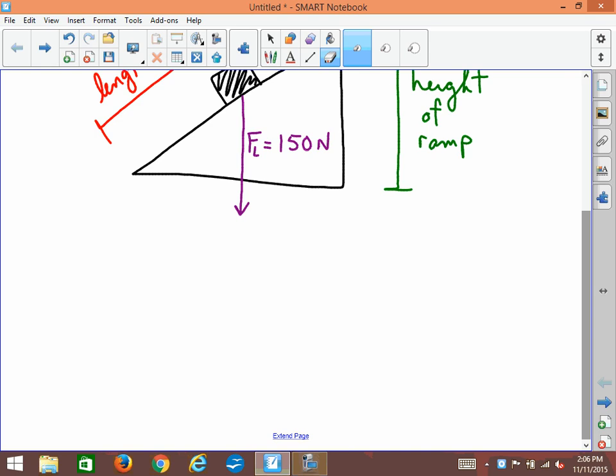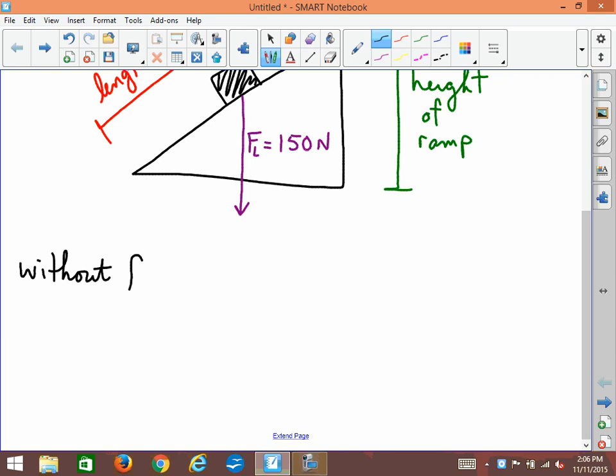Okay? Without friction, and we'll use black, let me just write something down here. Without friction, if you could get the friction to be completely zero, the ramp would be ideal.